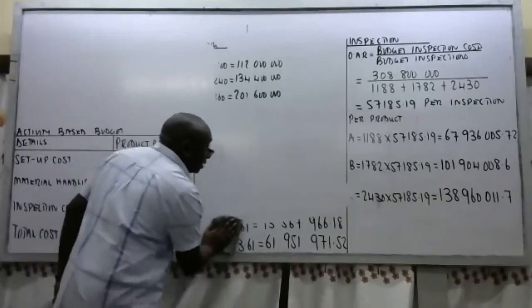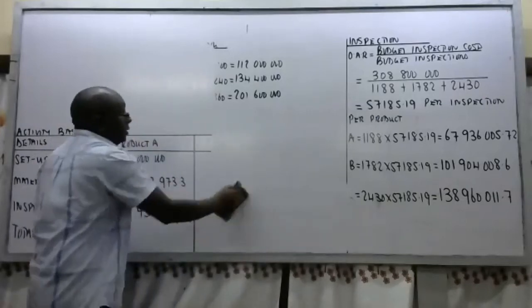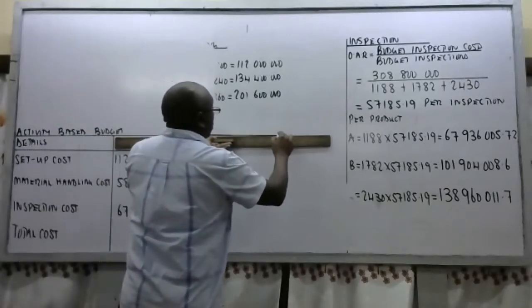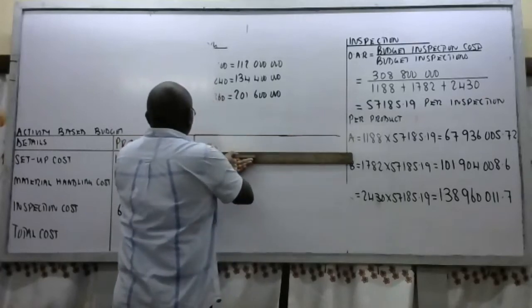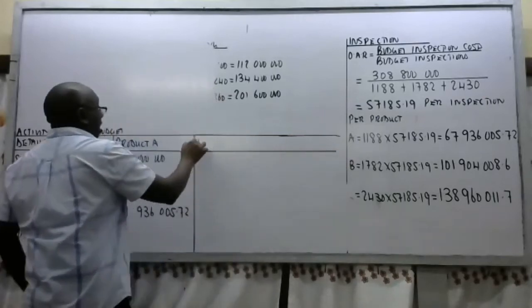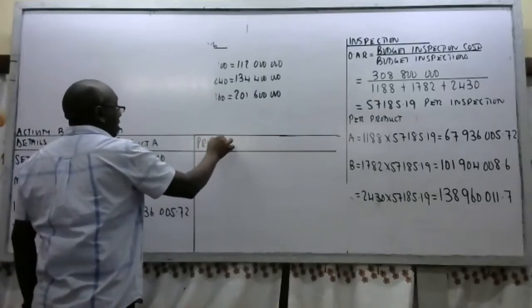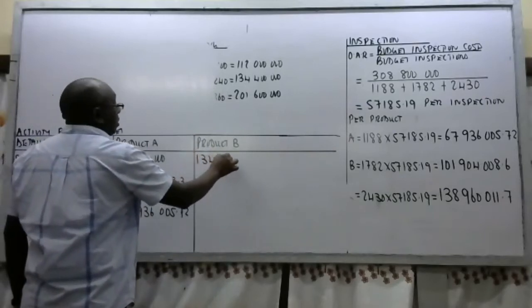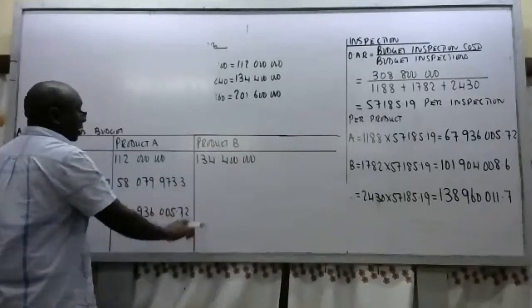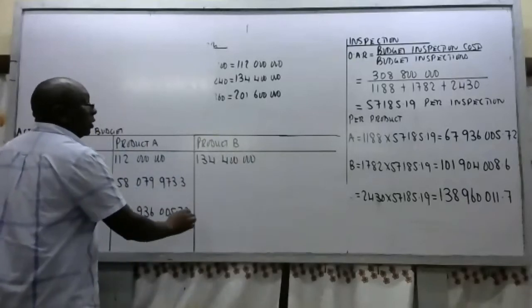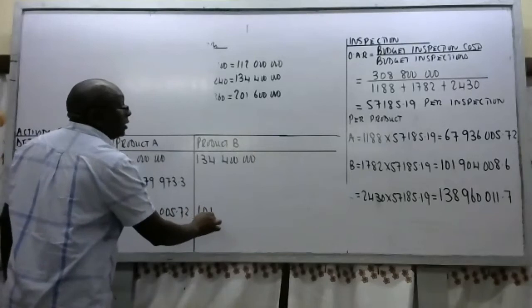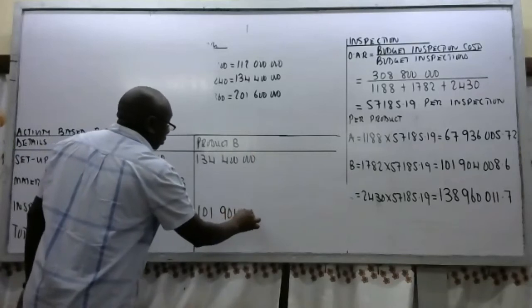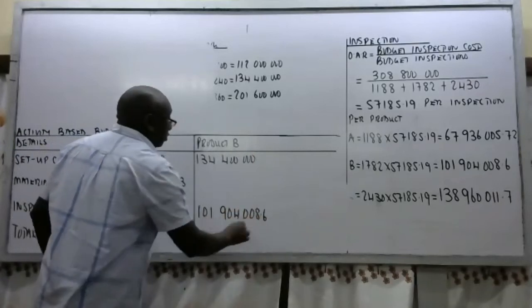You will fill in on your own. Product B here has 134,400,000, this is setup. And here it has 101,904,008.6.